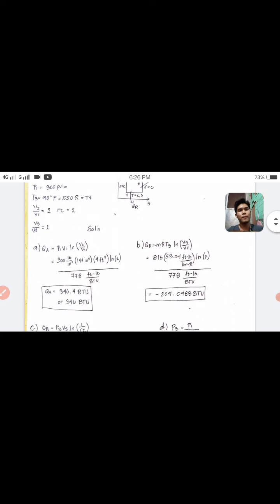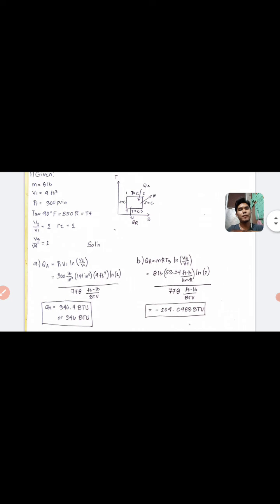Now for letter A, let's find the QA. From the formula, QA is equal to P1 V1 ln of V2 over V1. We can solve our QA because we have the values of P1, V1 and V2 over V1.